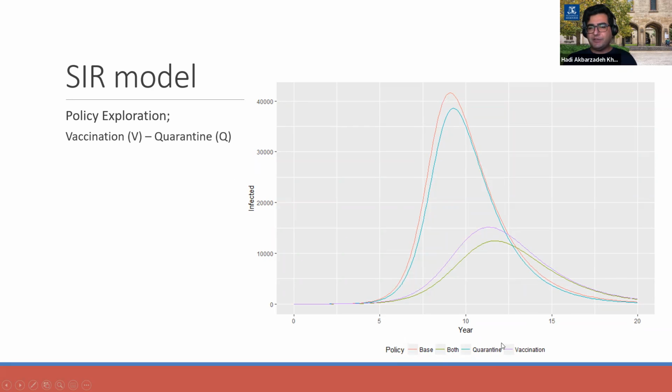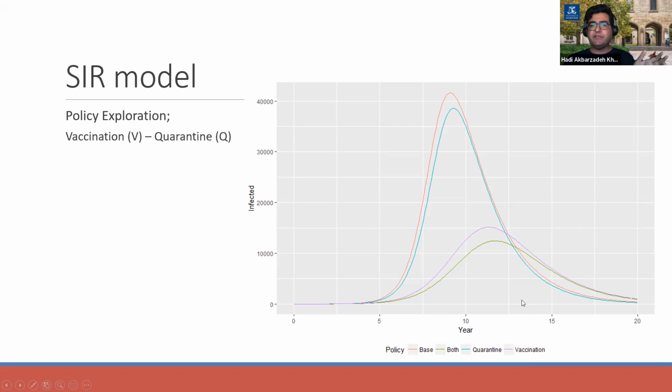If you just apply quarantine, again based on the parameters you estimated, it can help, but not much. If you apply vaccination, the number of infected people reduces quite a lot, because so many of the susceptible are not going to be infected anymore. And if you apply both, it is the best one.